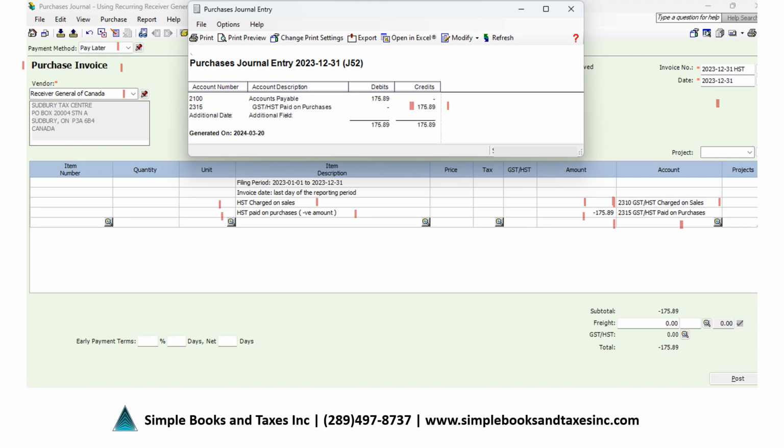In order to close the HST charged on sales account, which is a credit account by nature, in other cases, if you have HST charged on sales, it will be entered as a debit. The difference will go to the accounts payable. In our case, we have a refund, so the difference is negative. It will be debited to the accounts payable.